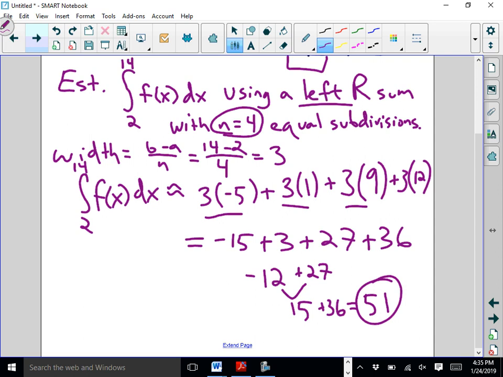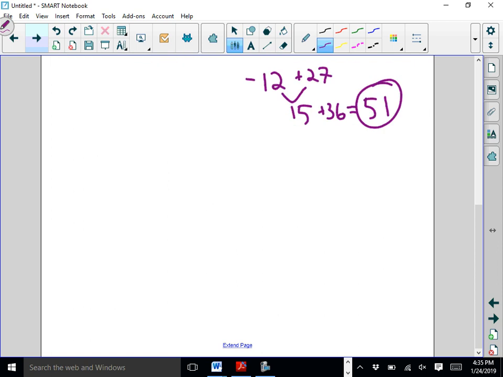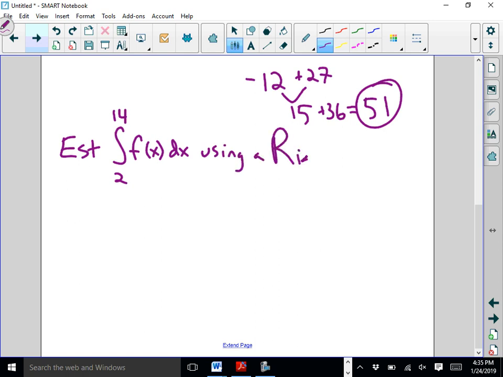Now I want to do a right Riemann sum. So I'm going to estimate the integral from 2 to 14 of f of x dx using a right Riemann sum. And again, I'm going to do it with n equals 4 equal subdivisions, just to make this go fast.